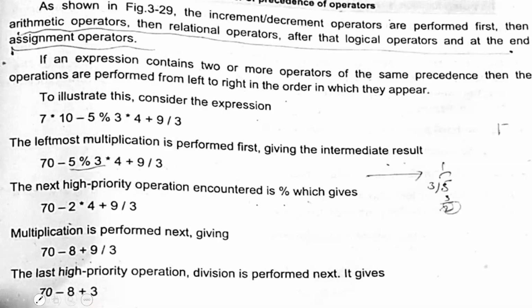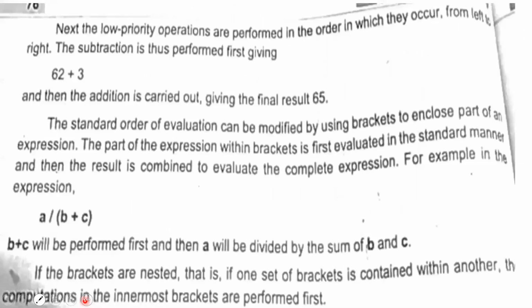Now the next step is 8 plus 3? No, first we will solve the minus sign. 70 minus 8, 62, plus 3. Clear? So 62 plus 3, 65. The answer of this equation is 65.